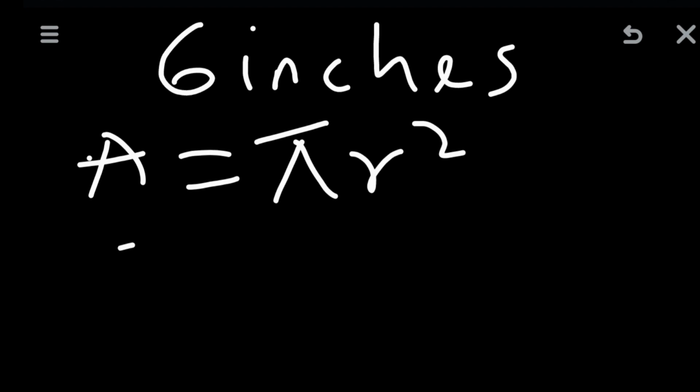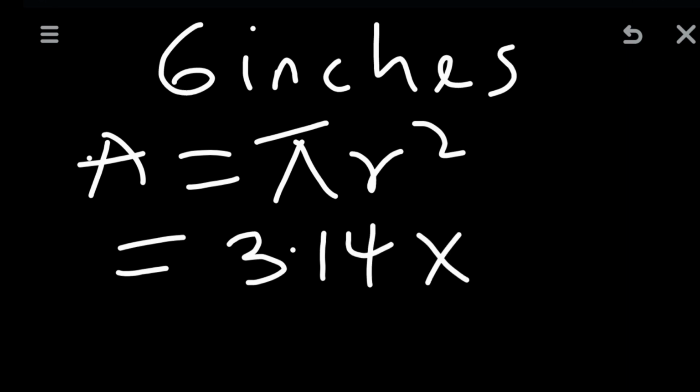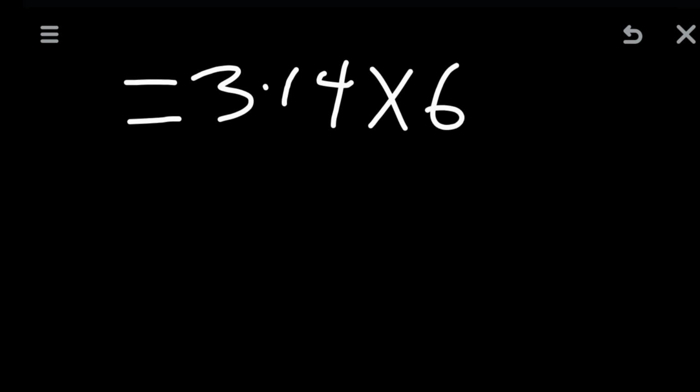So this then will be equal to pi, given by 3.14, multiplied by 6 to the power 2, which can be written as 3.14 multiplied by 6 multiplied by 6.